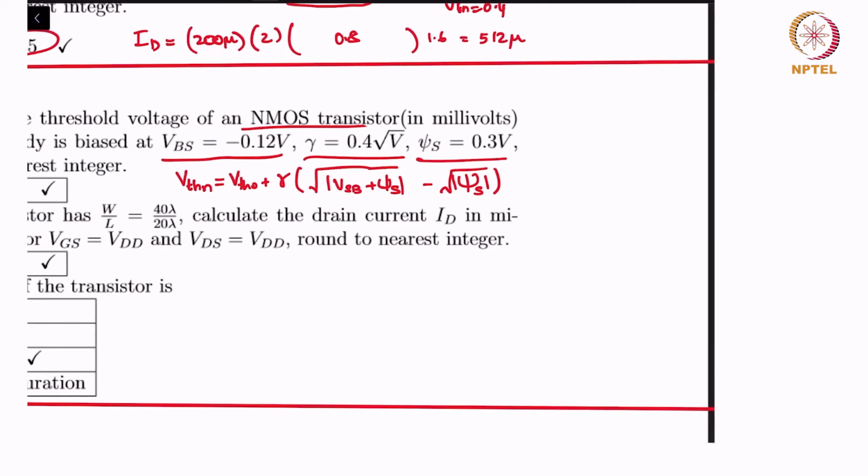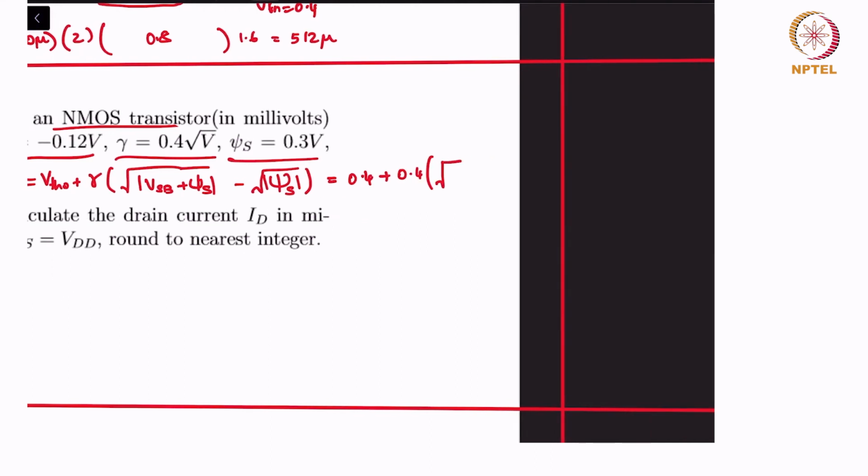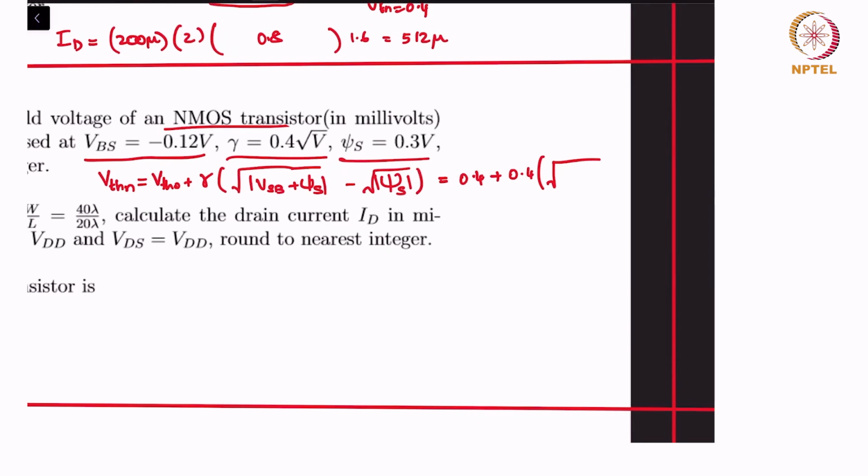So for us this evaluates to 0.4 plus gamma is 0.4 times square root of VSB is 0.12. So VSB plus psi s both are positive, so I'm not going to take the mod. So it's 0.12 plus 0.3, which is psi s, minus square root of 0.3, right?